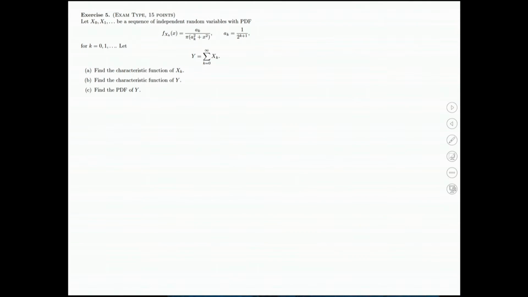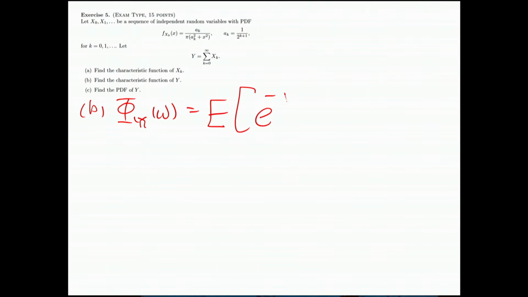Y is a summation of all xk. So the characteristic function of y is the expectation of e to the minus j omega y, and y is a summation k equals 0 to infinity xk.